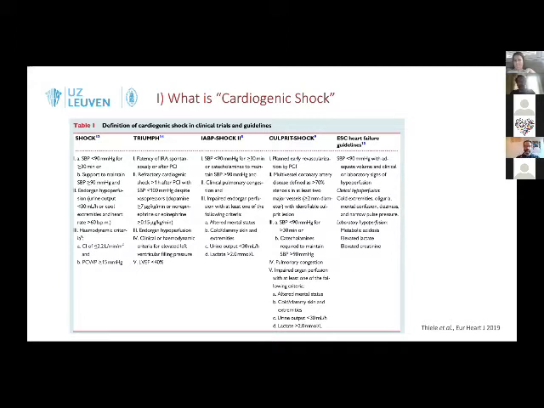Those are 5 different studies, and they all give you another description of what shock might be and what the different numbers and the different hemodynamic diagnostic tools can be to diagnose your shock. So far, although we have many fancy treatment options to treat those patients with cardiogenic shock, we even lack the most basic question: what's the proper definition?